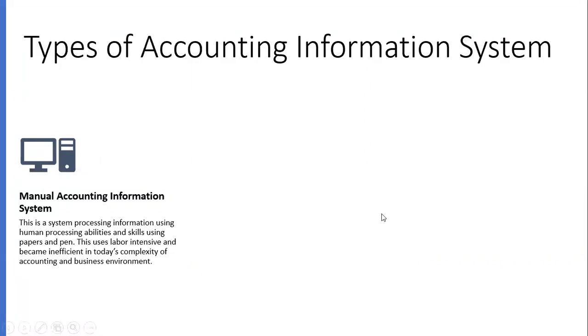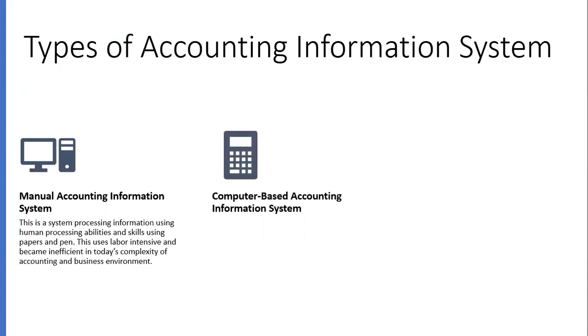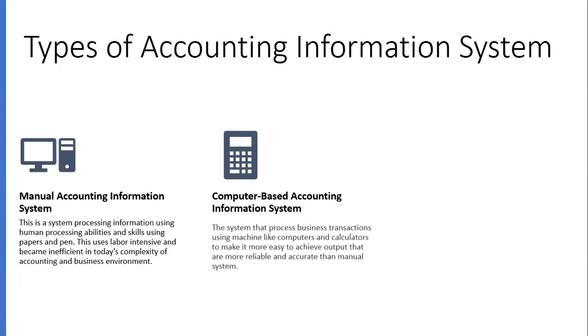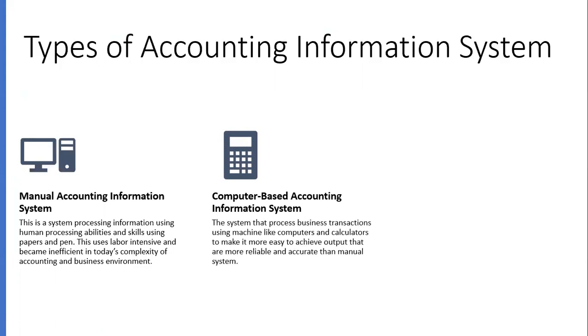Businesses which have complex transactions may then use a computer-based accounting information system. So this is an integration. The system processes business transactions using machines like computers and calculators to make it easier to achieve output that is more reliable and accurate than the manual system. This is an integration of technology in the form of a computer.